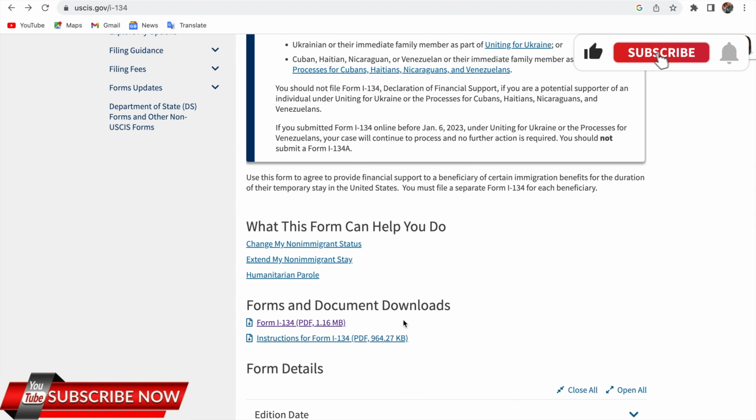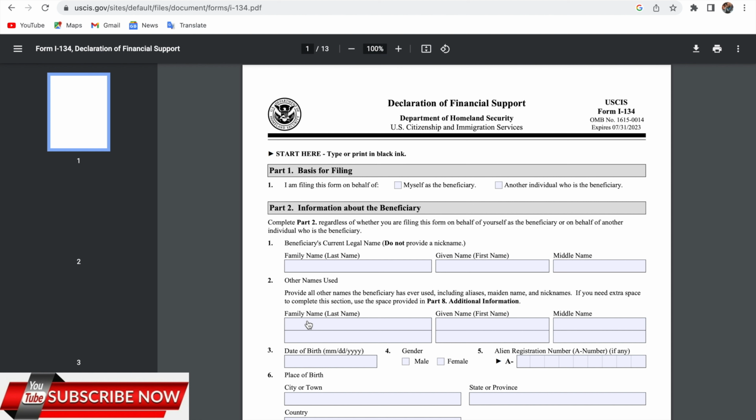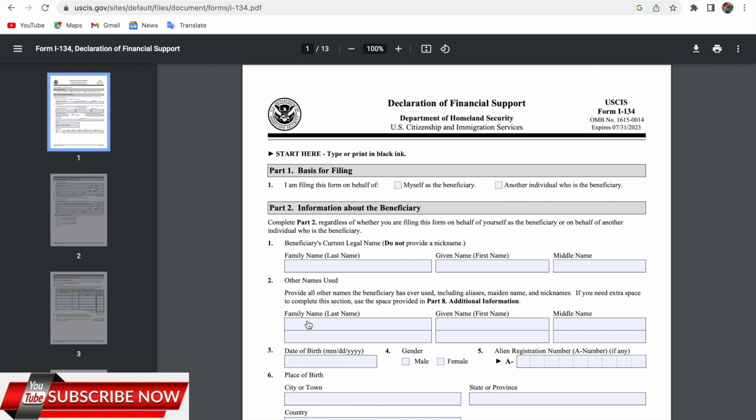All you need to do is come down here and click on the PDF of the form, and download it onto your browser. If your browser gives you permission to do it, as it appears on mine, then go ahead, pre-fill it, and then print it. But some will just download it automatically onto your device. It depends on the browser that you are using.